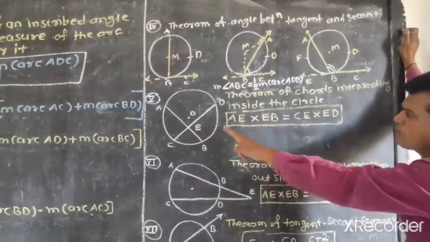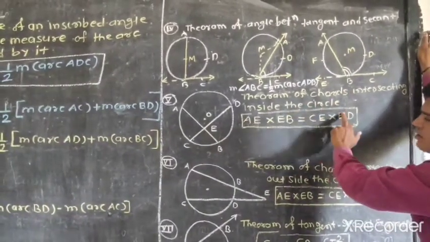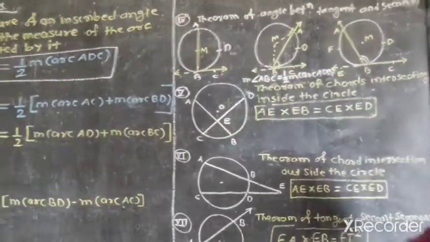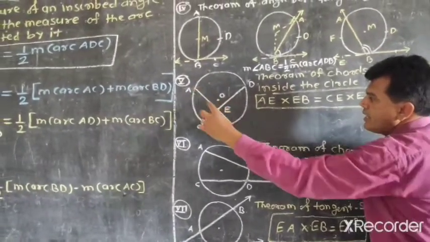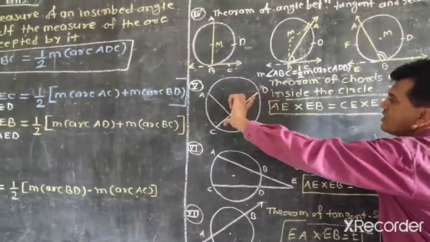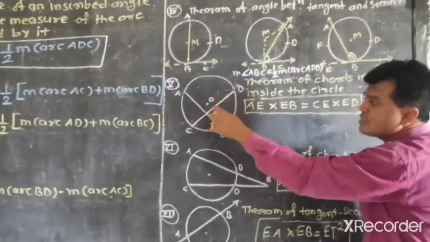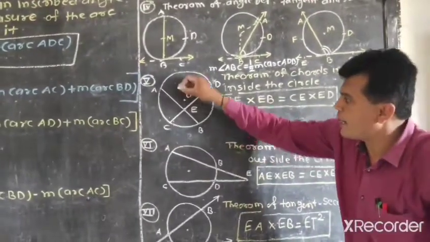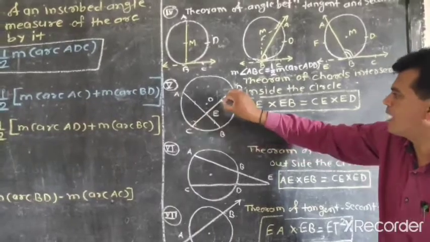Then number five, the theorem of chords intersecting inside the circle. Chord AB divides into AE and EB. Chord CD divides into CE and DE. They intersect at a point inside the circle. AE multiplied by EB equals CE multiplied by DE.